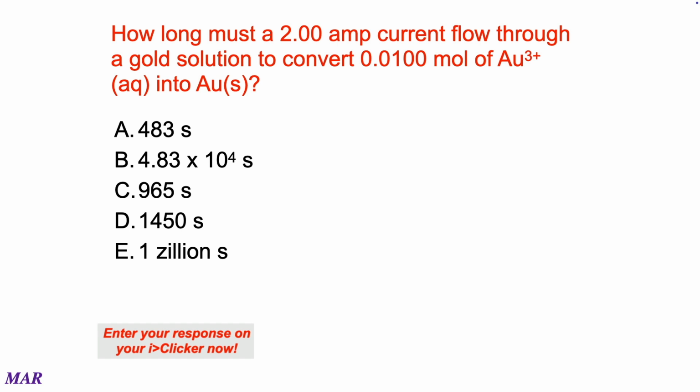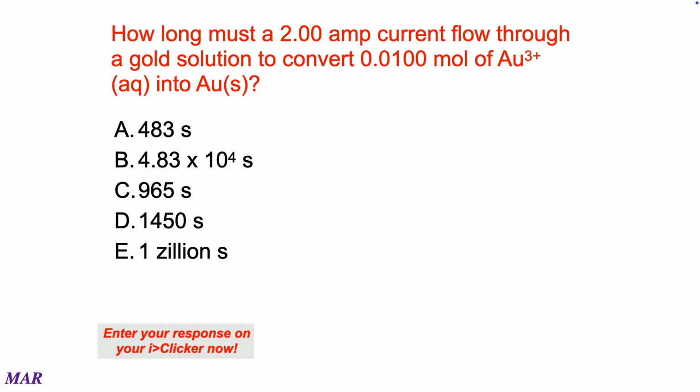We're trying to make gold 3 plus ions turn into gold, and that's not a preferred reaction. However, if you apply electricity from another source, like an outlet, you can make things that aren't thermodynamically favored happen. That's how a lot of metals and non-metals are made.